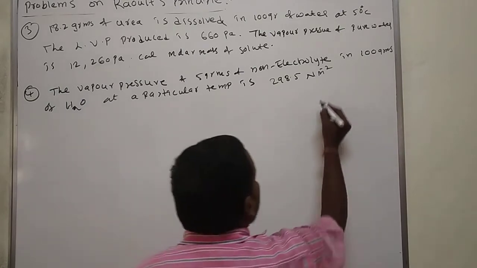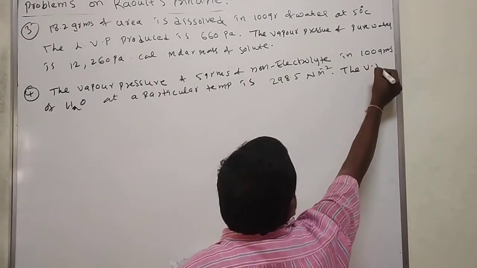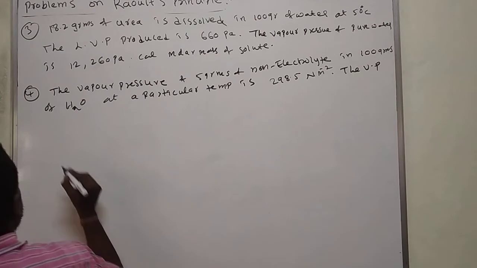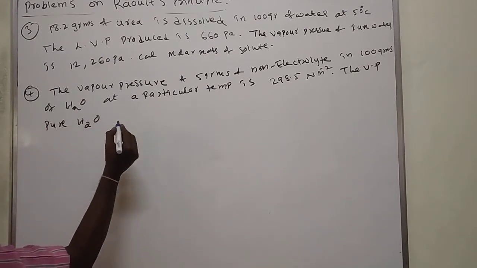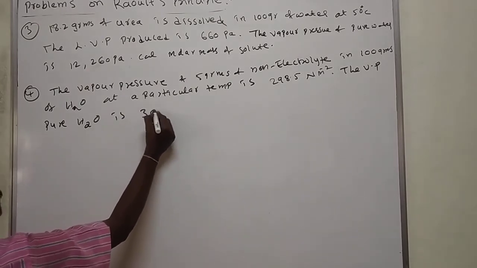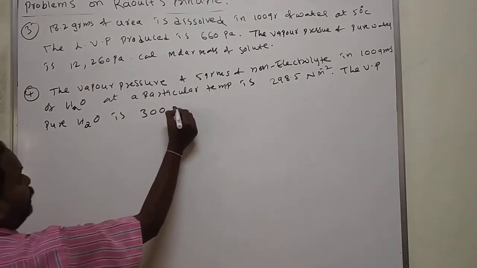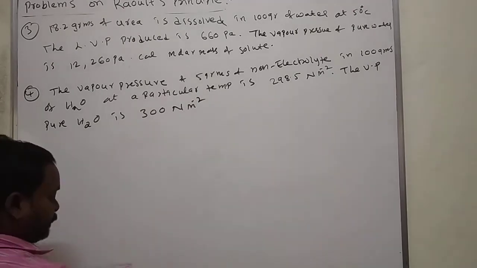And here the vapor pressure of pure water is 300 Newton per meter square.